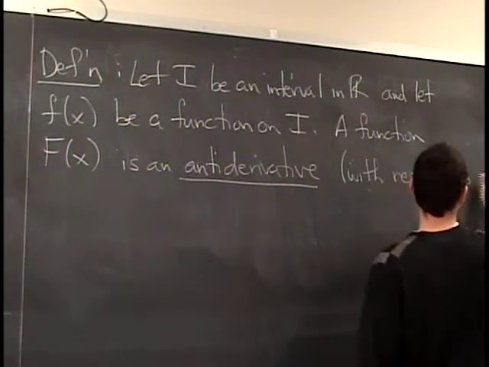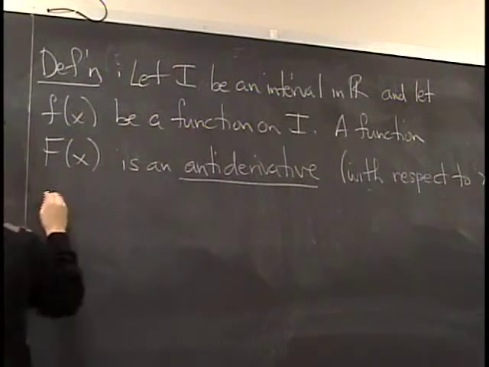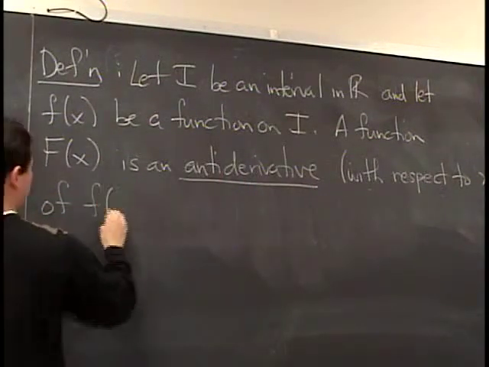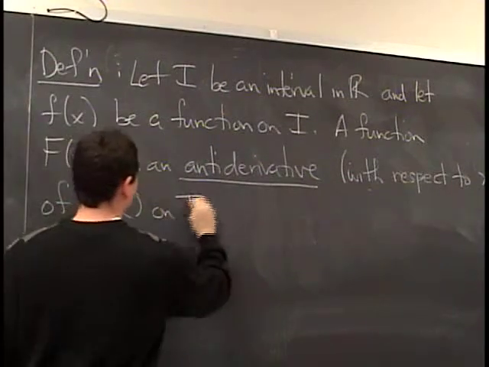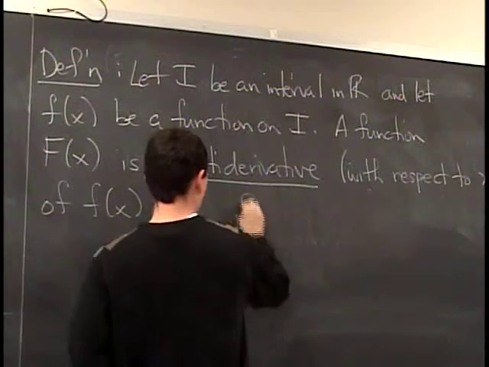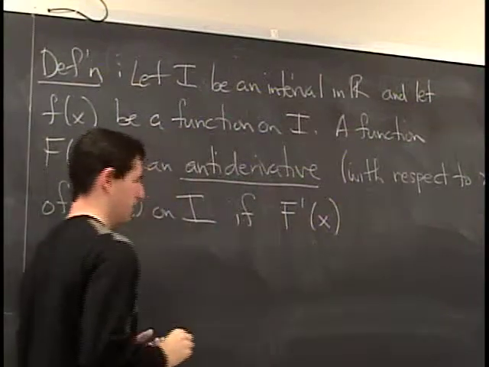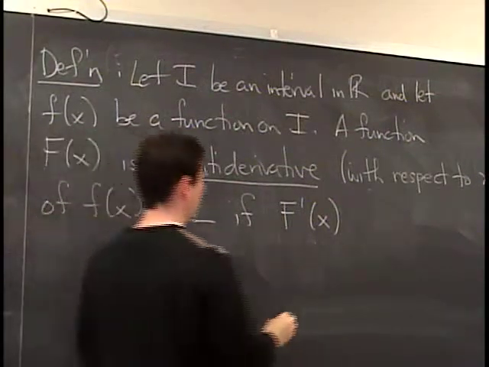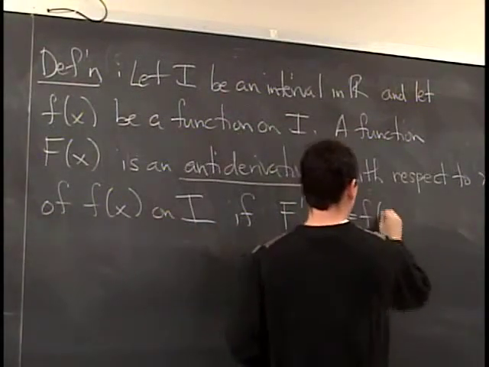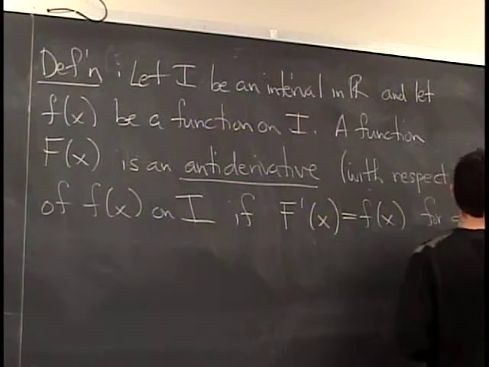This will become more apparent why I write this later. With respect to x of f of x on I. Okay, so it's an antiderivative of f on this interval if the derivative of capital F is little f for all x in the interval.